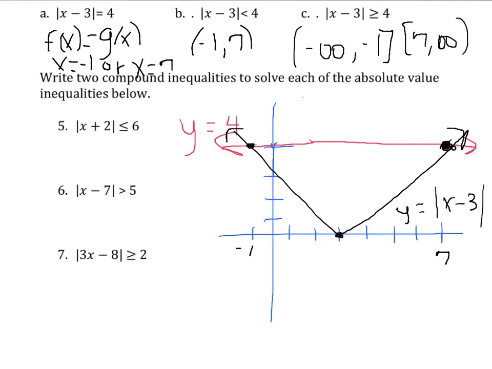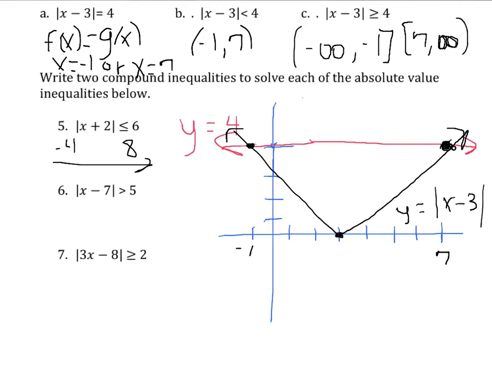And then we move on to the second part of the graphing activity, where I asked them to write two compound inequalities for each absolute value inequality. So if you look at the absolute value of x plus 2 is less than or equal to 6, we've talked about that means it's 6 units from -2. So -2 plus 6 would be 4, and -2 minus 6 would be -8.